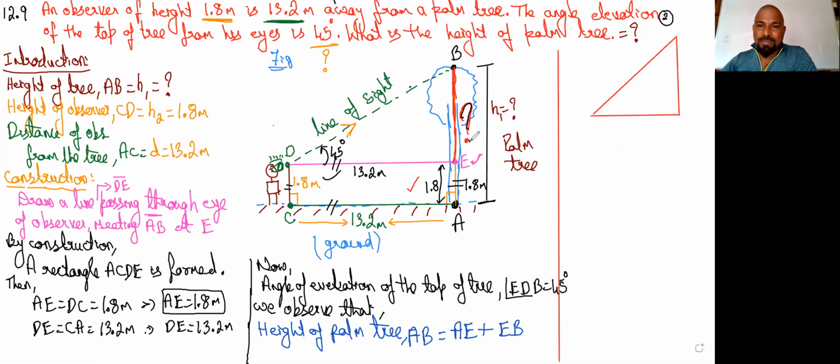To find that question mark, I'm calling it E. I'm calling this D. The angle made is 45 degrees, and the part which is questioned is here, and here, it is 13.2 meters. That is the diagram now.